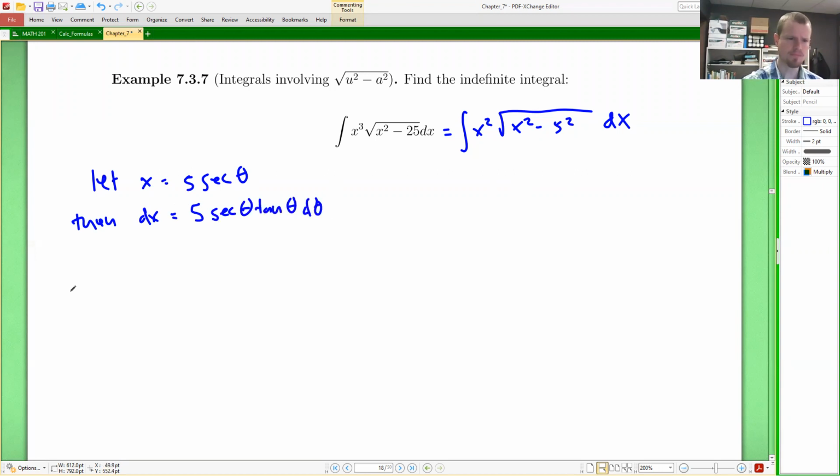And our integral itself is going to become the integral of x, oh, and that's a cubed, not a squared, so let's copy that correctly.